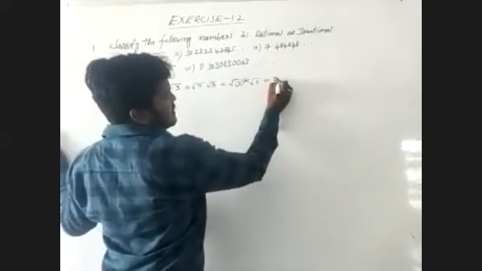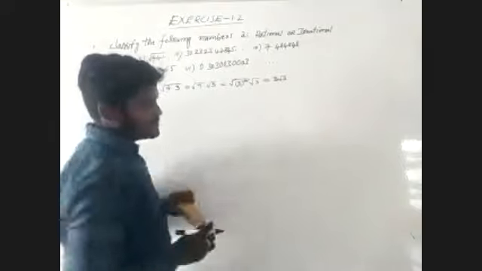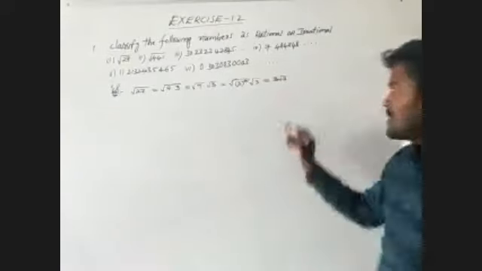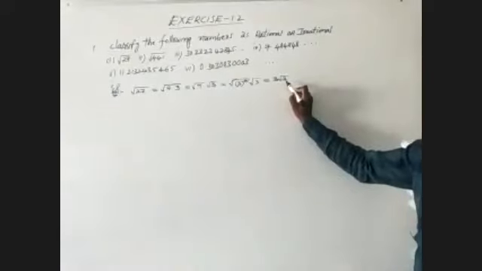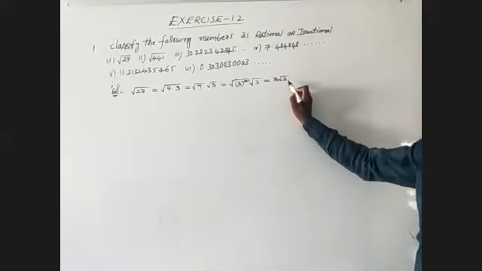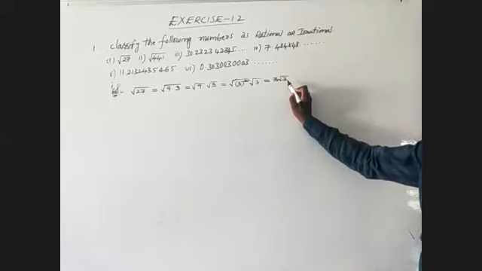The remaining term is 3 root 3. You will observe 3 is a prime number. Another definition of an irrational number is that the square root of a prime number is irrational.